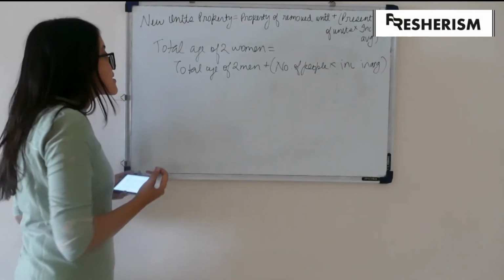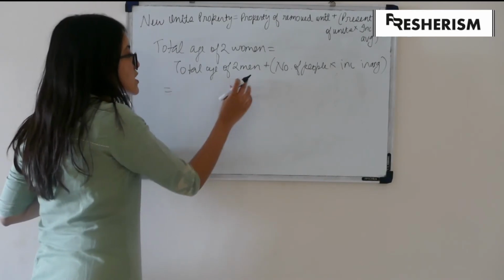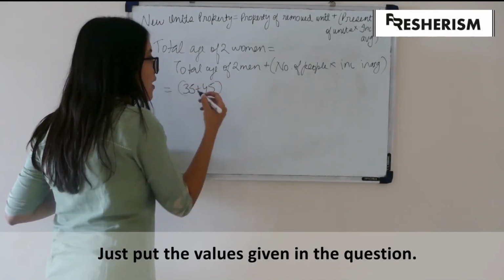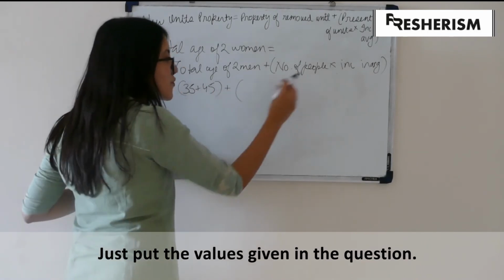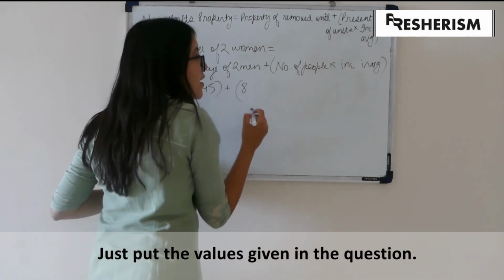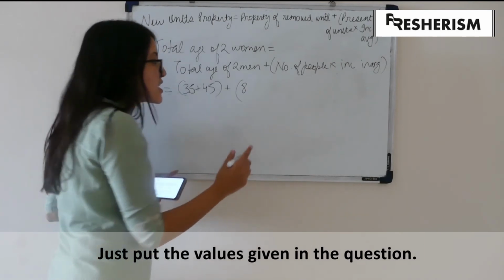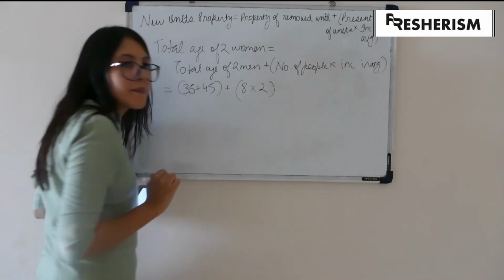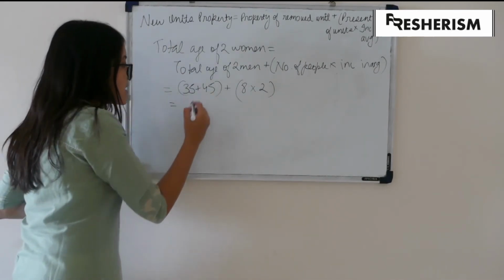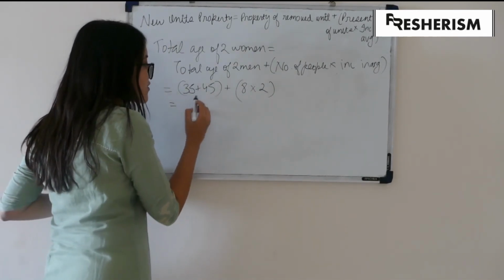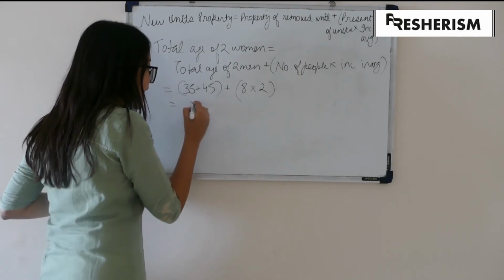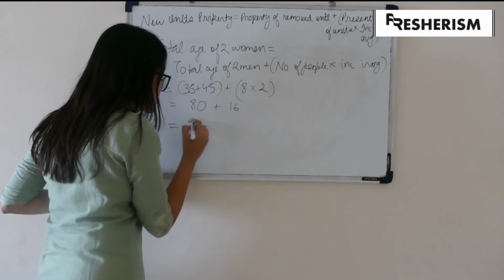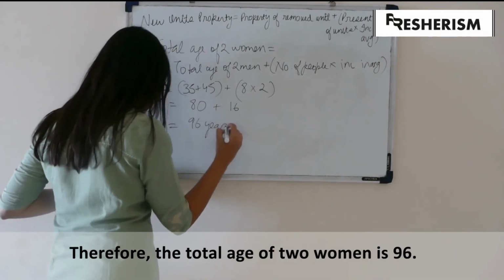Now let us see this. Total age of 2 men is 35 plus 45 and the number of people in the committee is 8 and the increase in their average age was by 2 years. Therefore, we multiply them. This gives us 35 plus 45 is 80 plus 8 into 2, 16, which gives us 96 years.